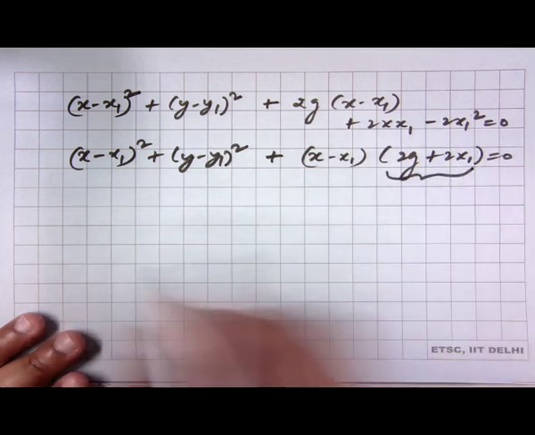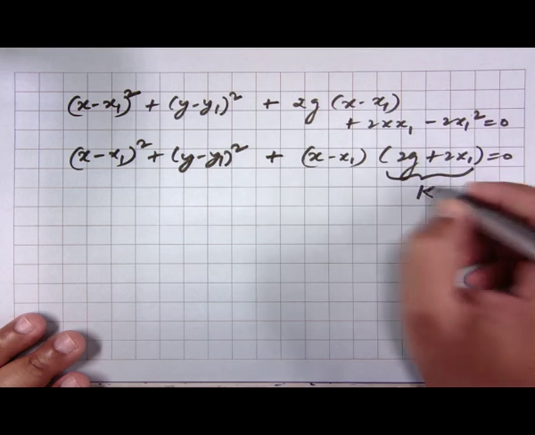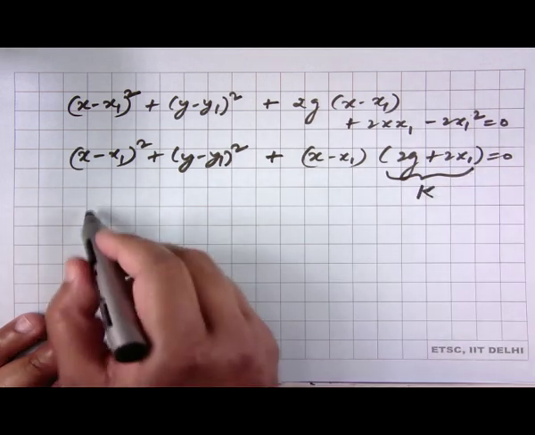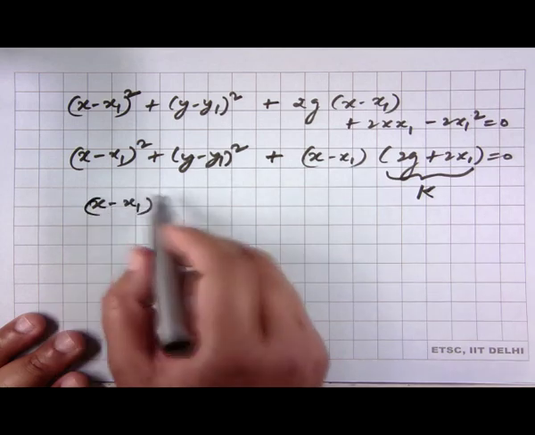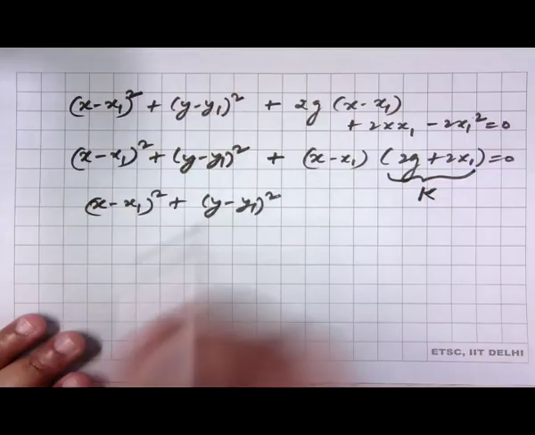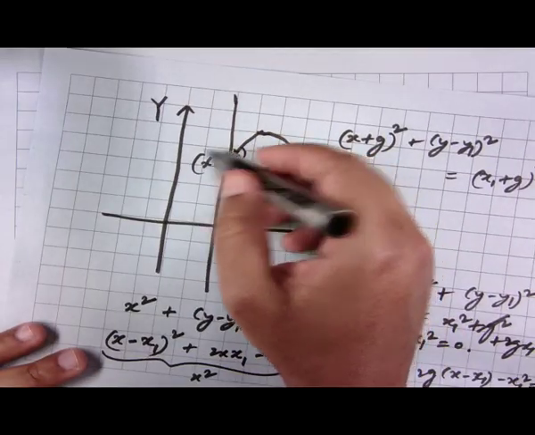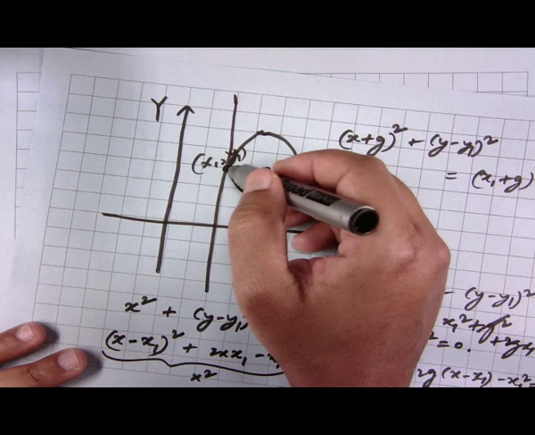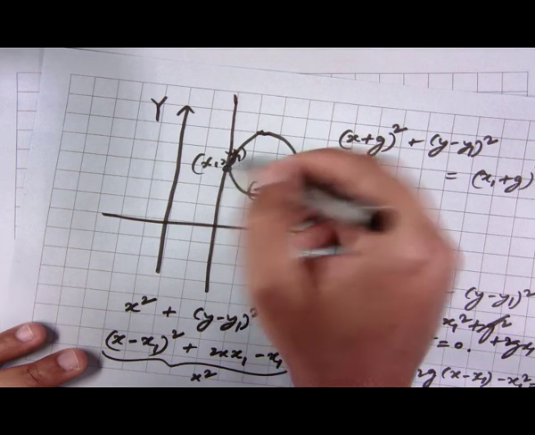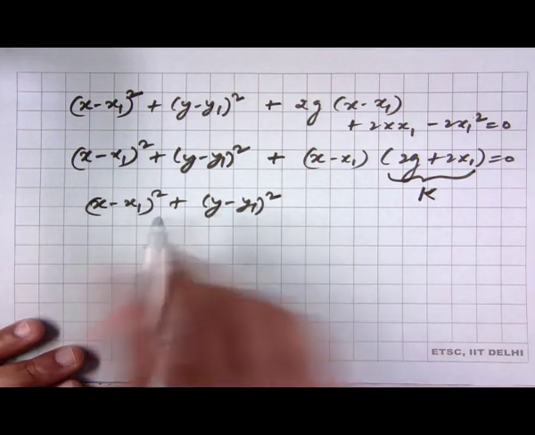So, we can think of this as the free parameter k, and therefore, the family of all such circles which touch a straight line parallel to the y axis at a given point x1 y1 is given by this equation.